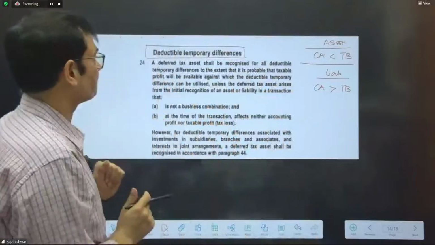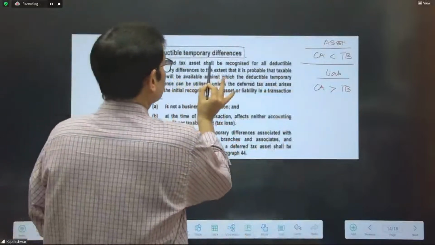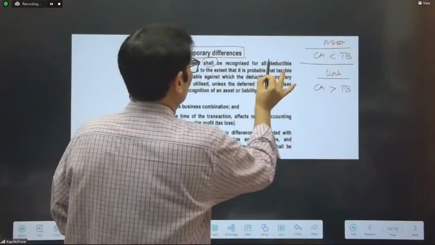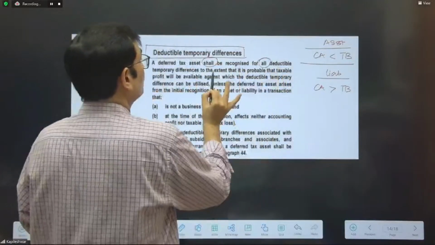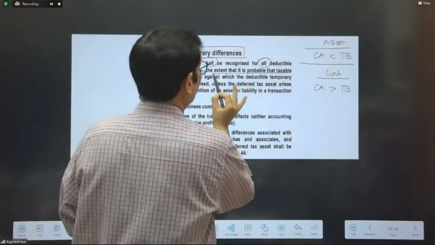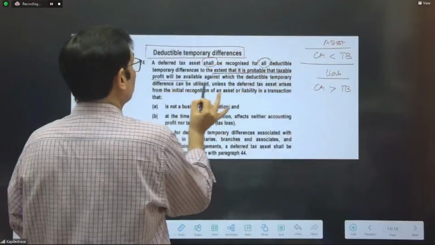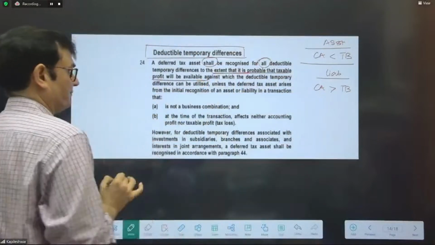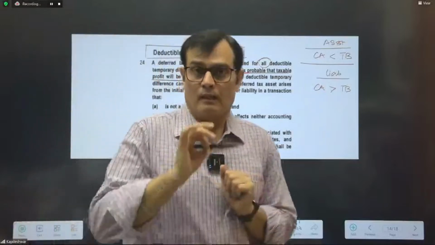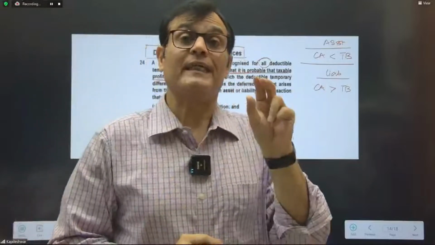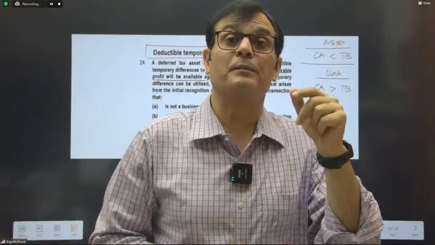Now let's see. A deferred tax asset shall be recognized for all deductible differences to the extent it is probable that taxable profits will be available. To create a DTA, there is a precondition.